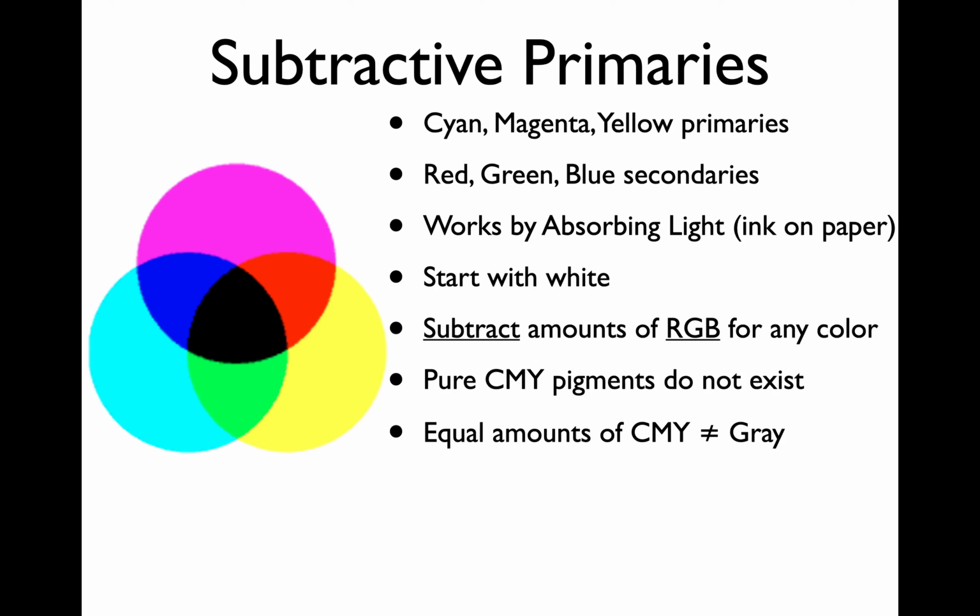Pigments are real. I know you guys have heard of indigo blue, alizarin crimson, all of those are real things that exist in the world. They're real chemicals or rocks or stone or powder or something that's been ground up to make pigment. Nobody has been able to find a pure cyan. That's the biggest problem.